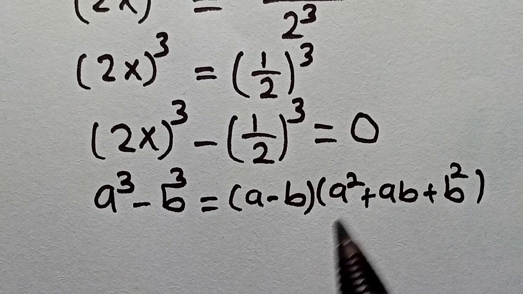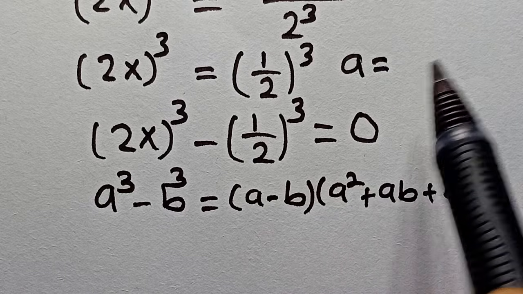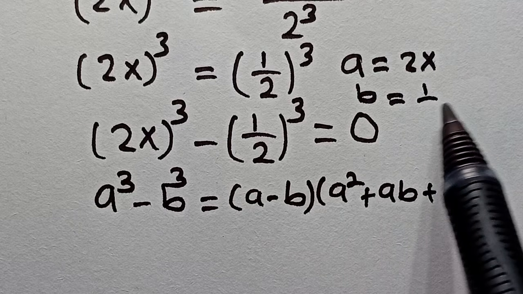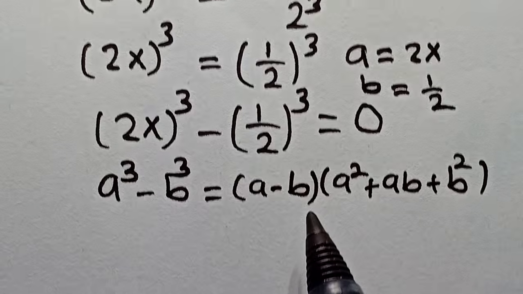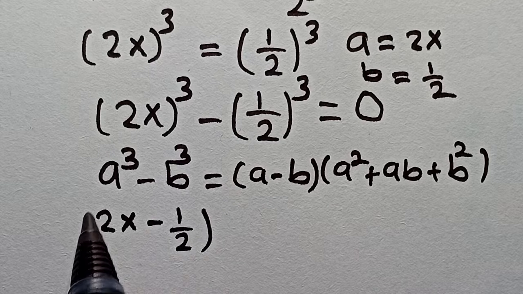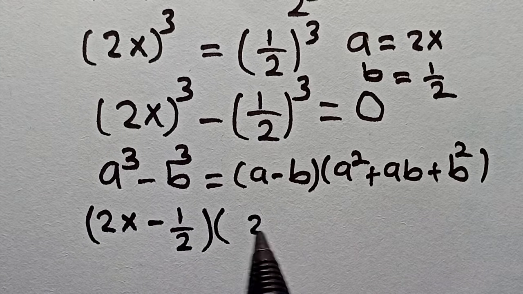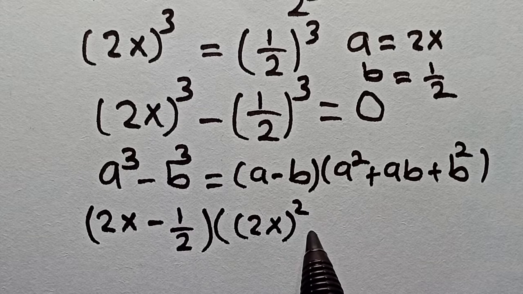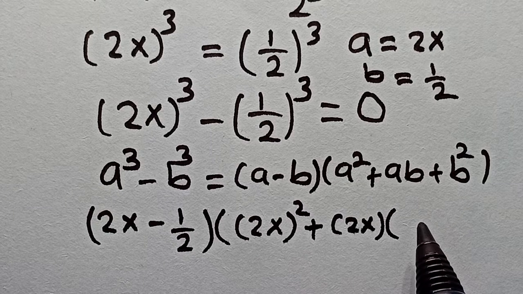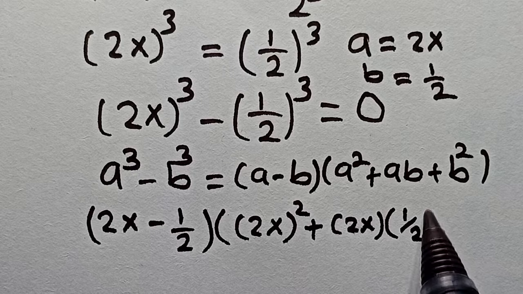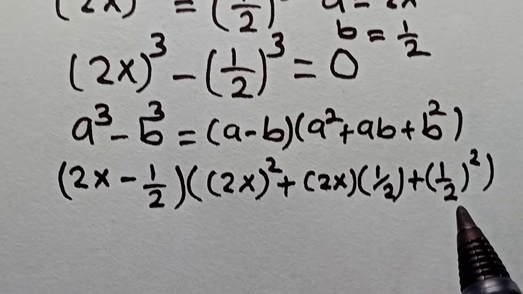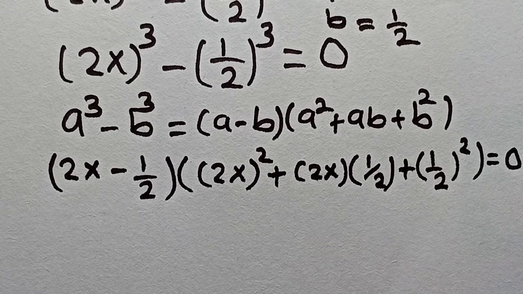Now, making the comparison, we discover that our a equals 2x, and our b equals 1/2. Putting it here, we have (2x minus 1/2) times ((2x) squared plus 2x times 1/2 plus (1/2) squared), everything equals 0.